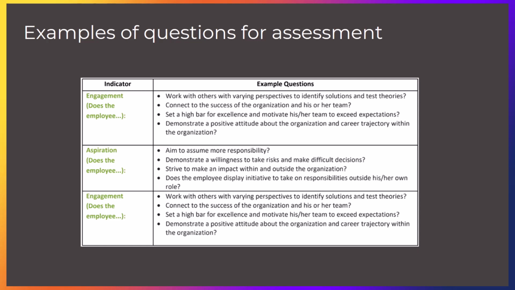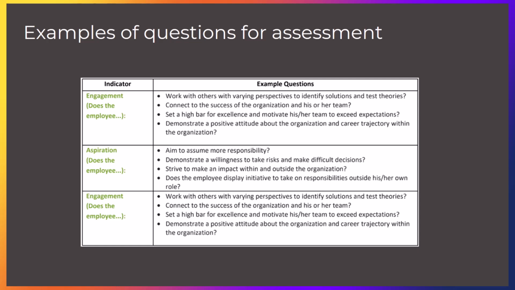So these are some questions. Again, we're only going to go through a few of these. There's more in the guidebook, and hopefully you can look at that and get some more examples and information. But for instance, you have an indicator and then you have example questions of what to ask, right? So for engagement: Does the employee work with others in varying perspectives to identify solutions and test theories?